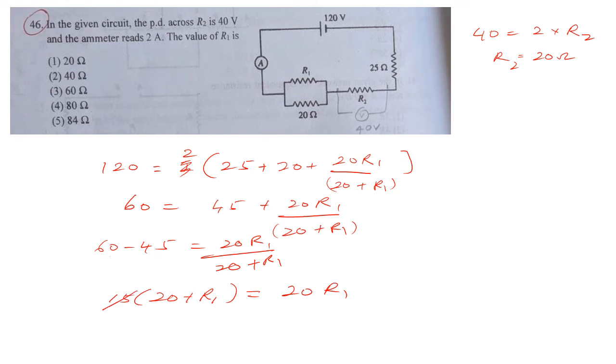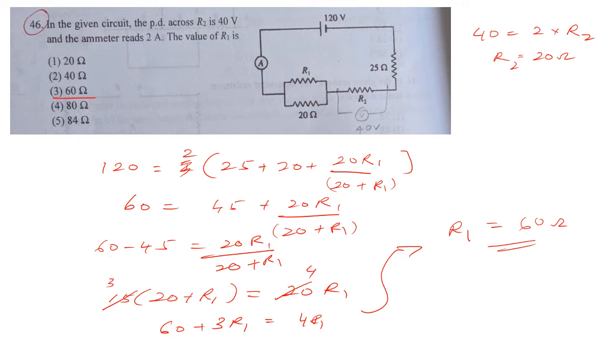Here 5 into 3 and 5 into 4. So 3 into 20 is 60, plus 3R1 is equal to 4R1, right? From this we get R1 is equal to 4R1 minus 3R1, so R1 is equal to 60 ohm. So the answer is this one. Okay.